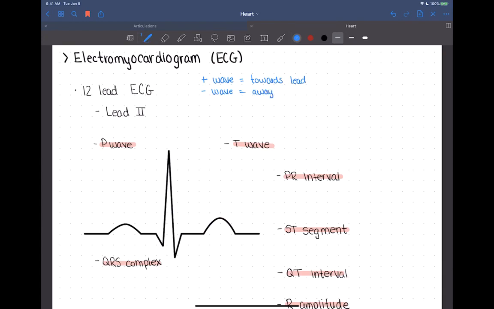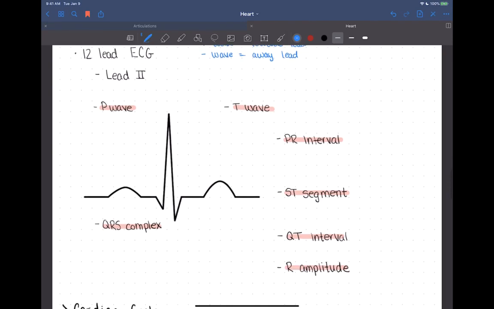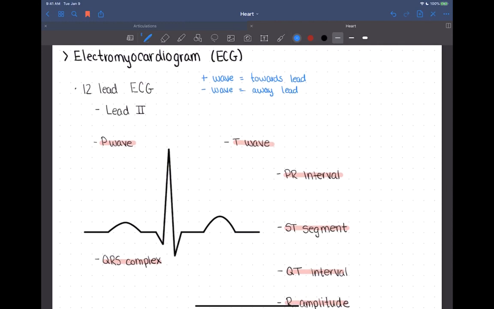If you look at some of the other leads of the 12-lead ECG, there are ones that look like an inverted version of this, and a lot of people are like, oh my gosh, what's wrong with that person? But it's just because that electrode is placed in a different location. Whereas we're seeing a positive wave here, in a different location it may look negative just because that electrical signal is moving away from the lead where it's placed.